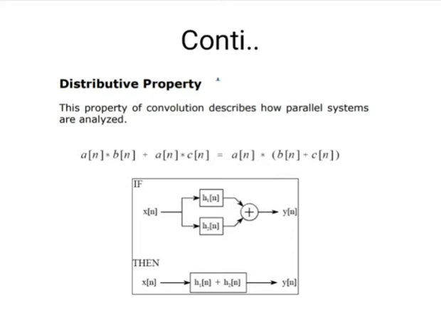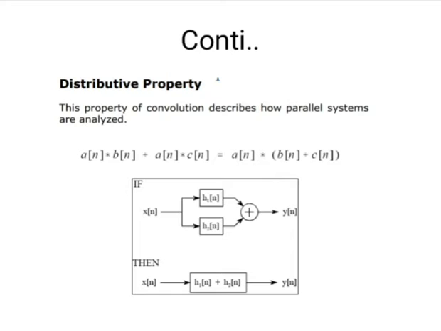If x of n is the input to h1 of n and h2 of n, then the outputs of these two are given to the adder and the output is y of n. That is, x of n is the input to h1 of n plus h2 of n, and y of n is the output.